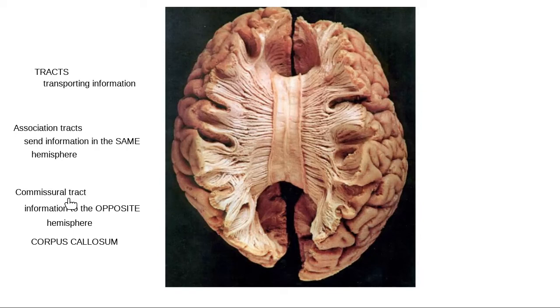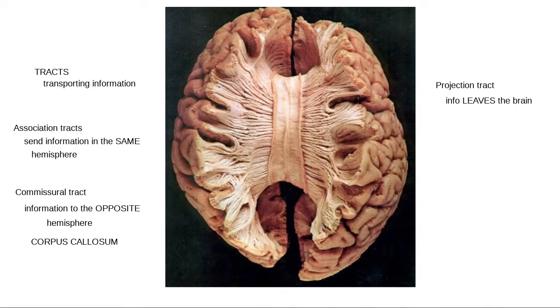The other kind of tract that we have in the brain, or at least that starts in the brain, is something called a projection tract. In a projection tract, information is sent out of the brain. Info leaves the brain.